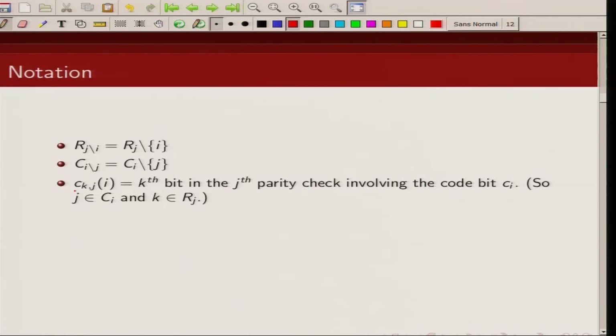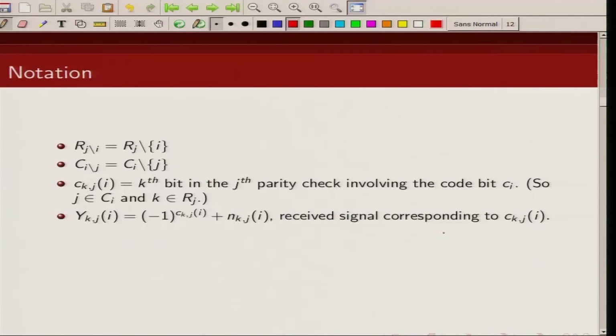Now we define by Ckj the kth bit in the jth parity check equation involving code bit Ci, that is denoted by CKJI. So, the received sequence corresponding to this transmitted sequence would be then, this is the modulated version and this is the noise added. So, this is the received signal corresponding to this code bit.